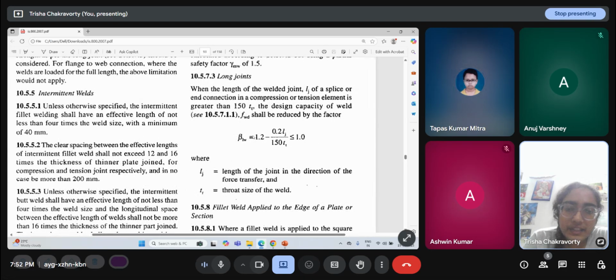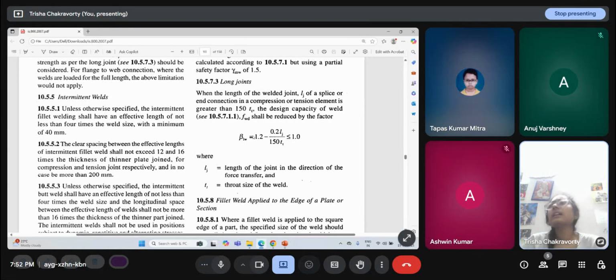The practical implication, I don't know exactly, but intuitively it means that if the weld is extremely long, it cannot sustain the full strength. If it is a short weld, the strength is what we are expecting. But if it is a very long joint, there is a chance of certain weak areas.